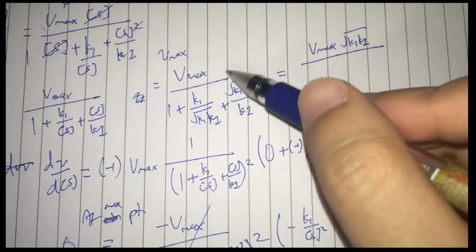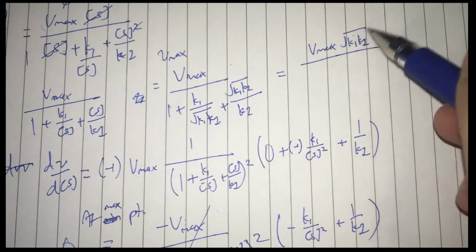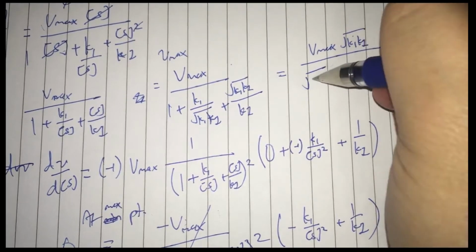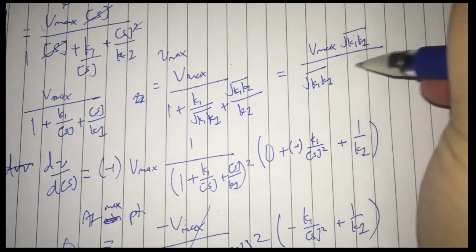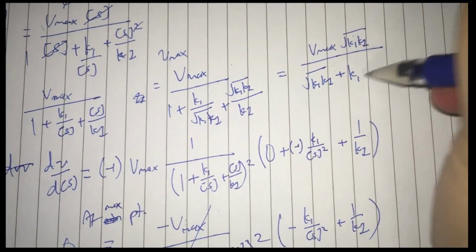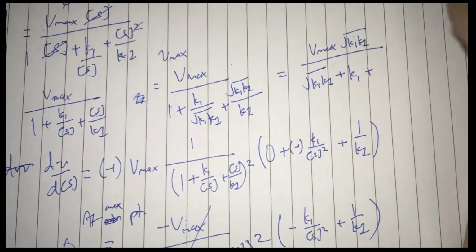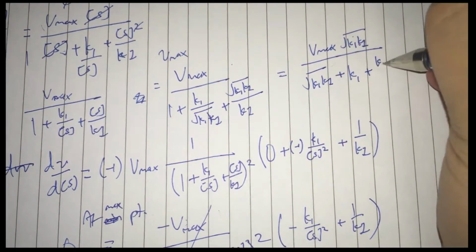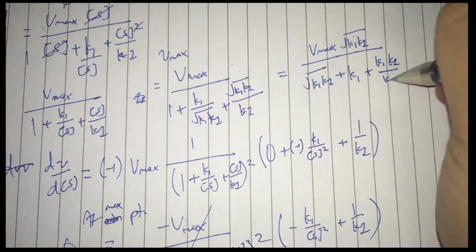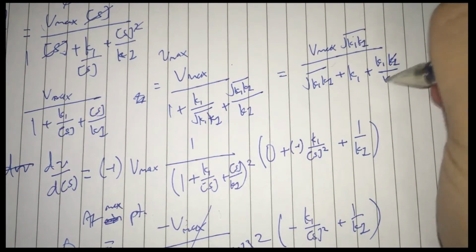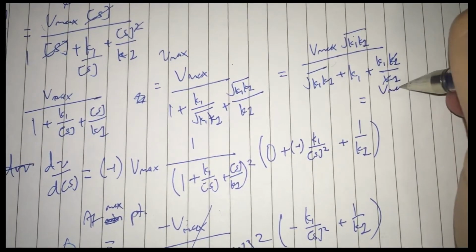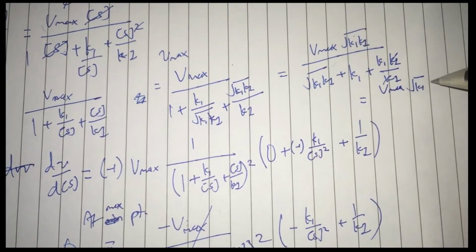So we'll multiply both the top and bottom by this factor. So K1 Ki plus K1 plus K1 Ki over Ki. So cancel these two out, and then you have this number.